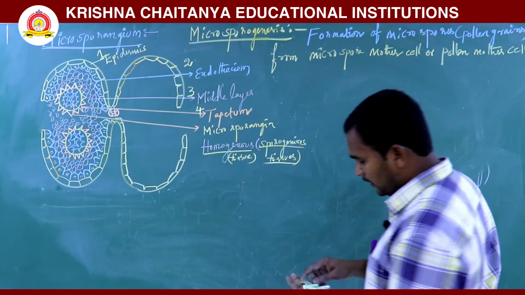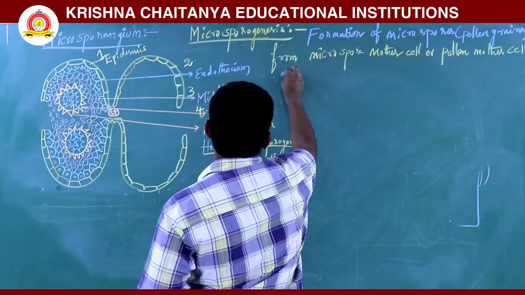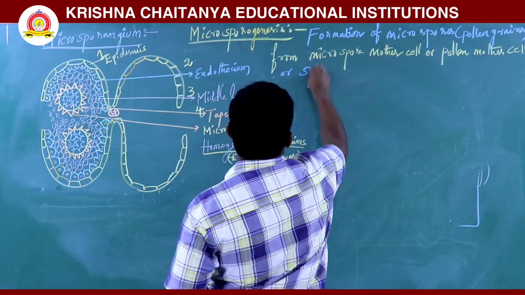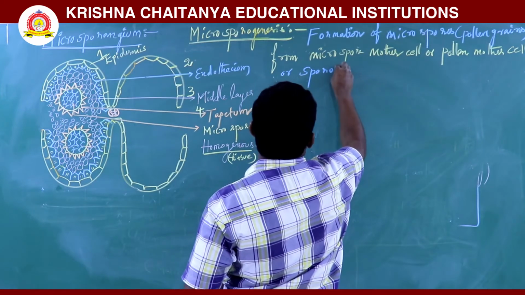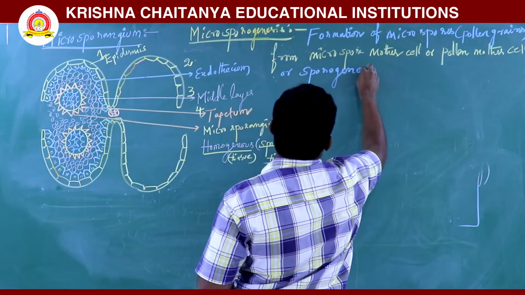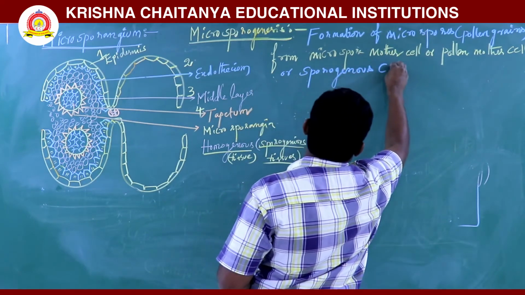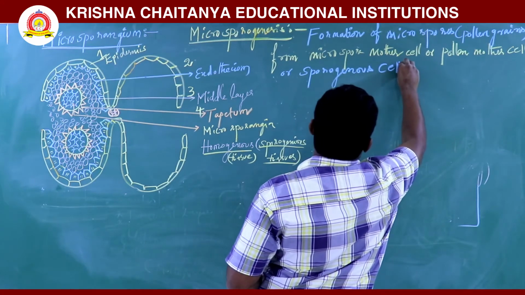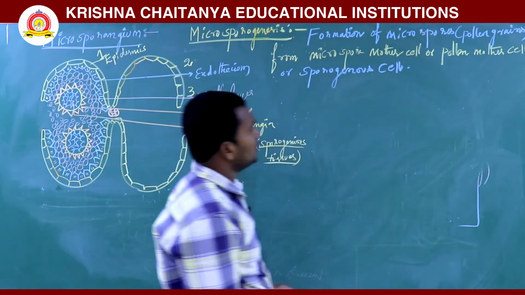It is also known as the sporogenous tissue or sporogenous cells. We take one cell, that's why it is called a sporogenous cell.